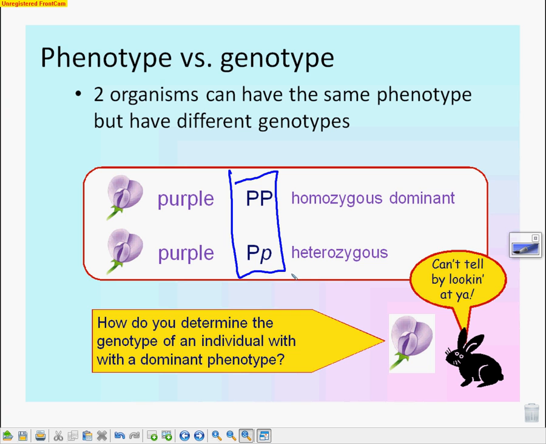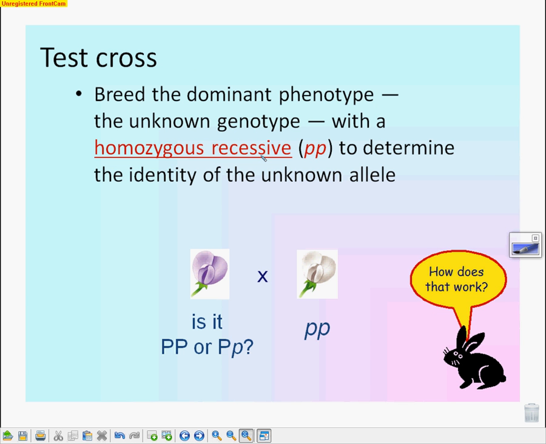But what you can do is run something called a test cross. And so you would take the dominant phenotype and breed it with a homozygous recessive. So if we look at this purple flower, we don't know if it is capital P, capital P, or capital P, lowercase p. So why don't we go ahead and cross that with a recessive trait?